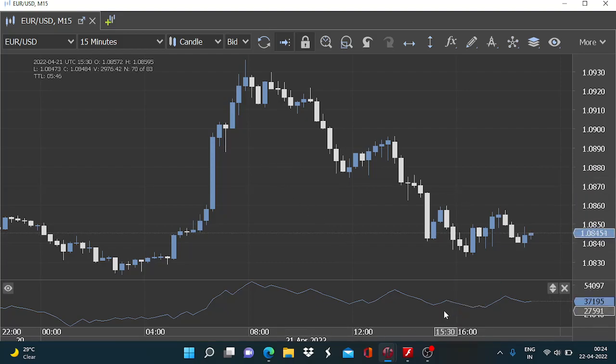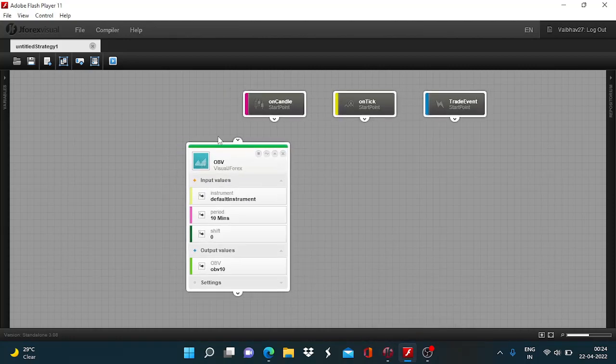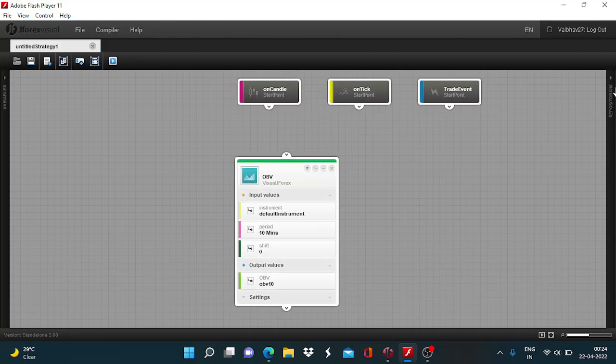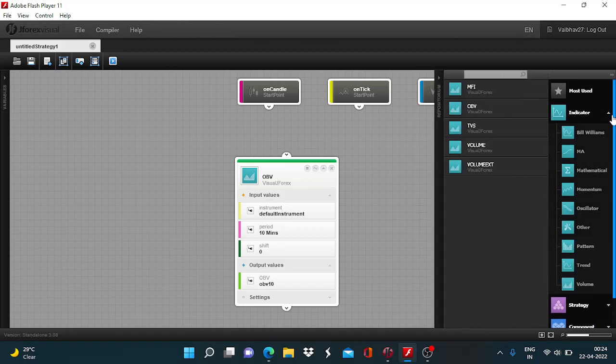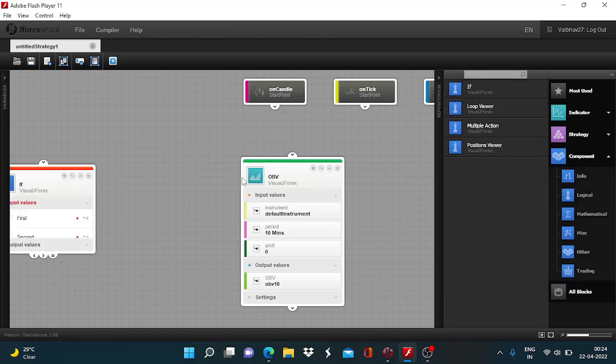So let us now head back to the Visual JForex platform. The formation is going to be fairly simple, quite easy to understand, and equally easy to execute. So the first thing we have to do is get the instrument subscription done. For that, we are going to need the logical components, so I will get the if else statements first.